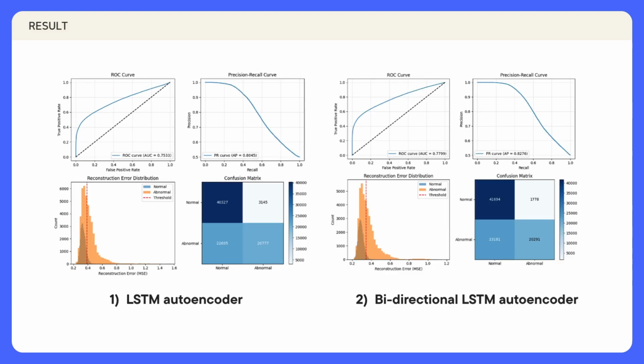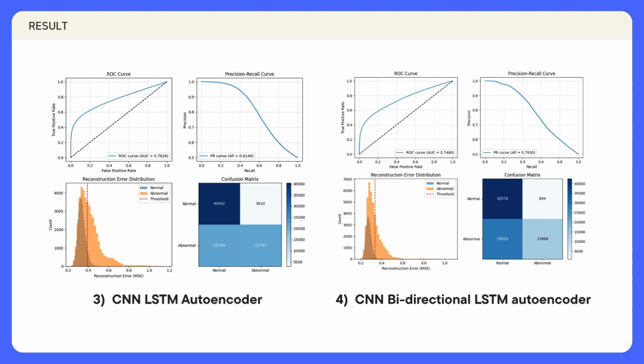This slide shows the LSTM autoencoder without any CNN layers. The model on the left is a unidirectional LSTM autoencoder, while the one on the right is a bidirectional LSTM autoencoder. Next, we present the LSTM autoencoder with an added CNN layer.